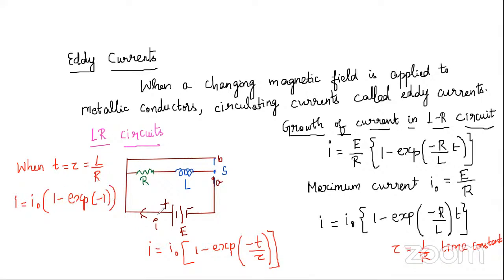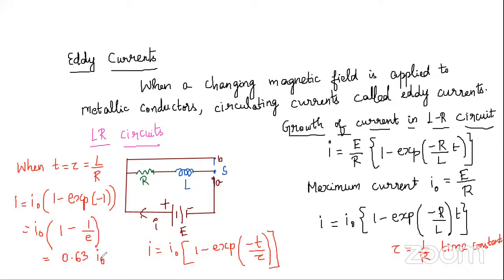According to this equation, instead of t, you need to substitute tau. So tau by tau is 1. You are having a negative sign here, that is exponential minus 1. So that means I equal to I0 into 1 minus exponential minus 1, e means 1 by e, and that will give you 0.63 I naught.